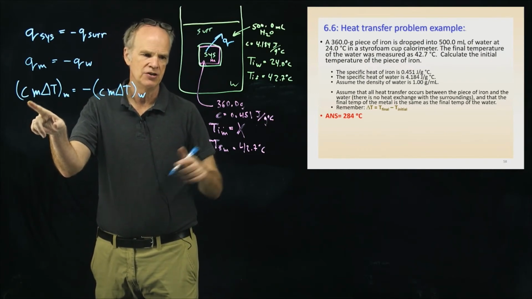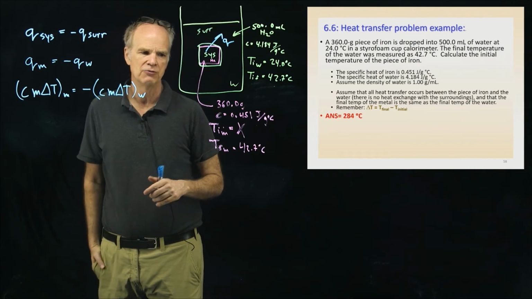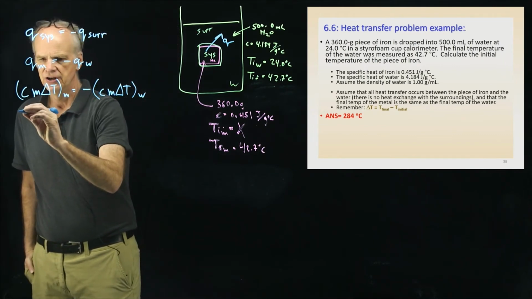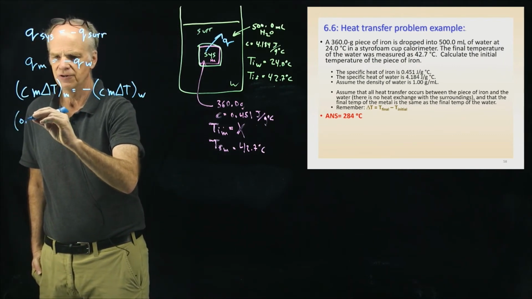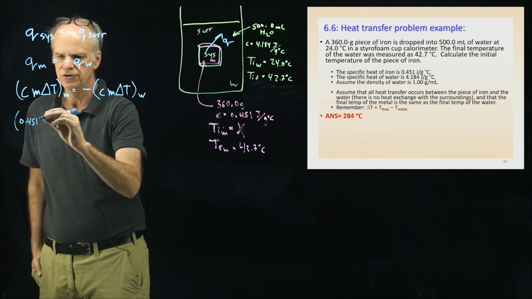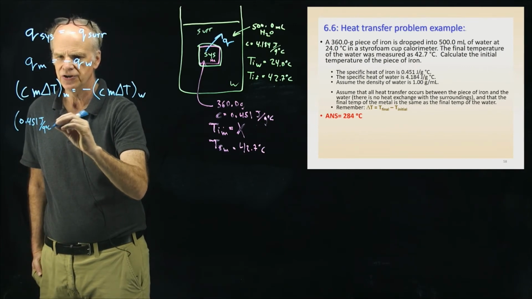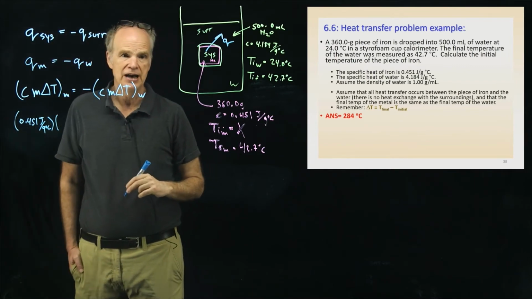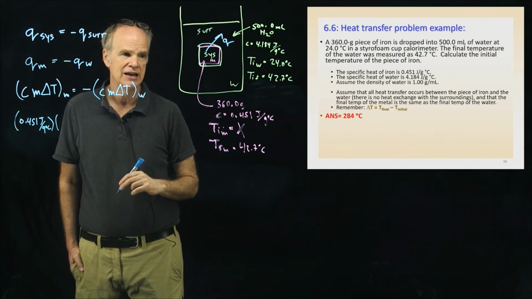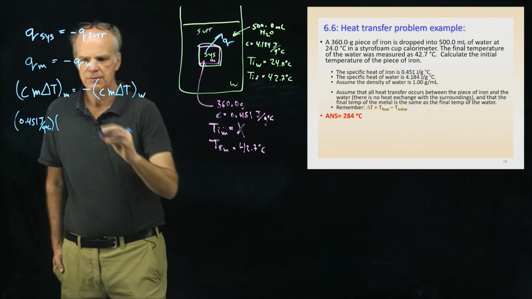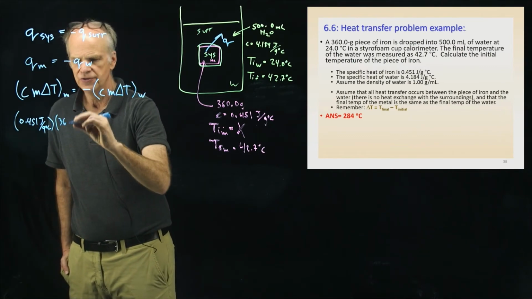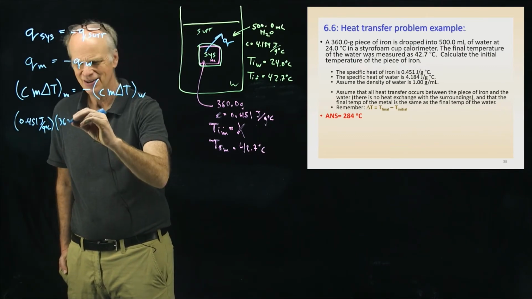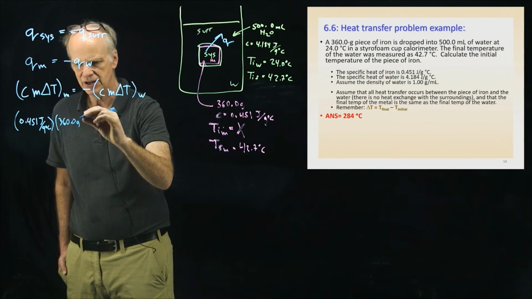The specific heat of the metal is 0.451 joules per gram degree Celsius. Then I'm going to multiply that by the mass of the metal. Are we given that? Yes, it's 36.0 grams. So let me write that here, 36.0 grams.